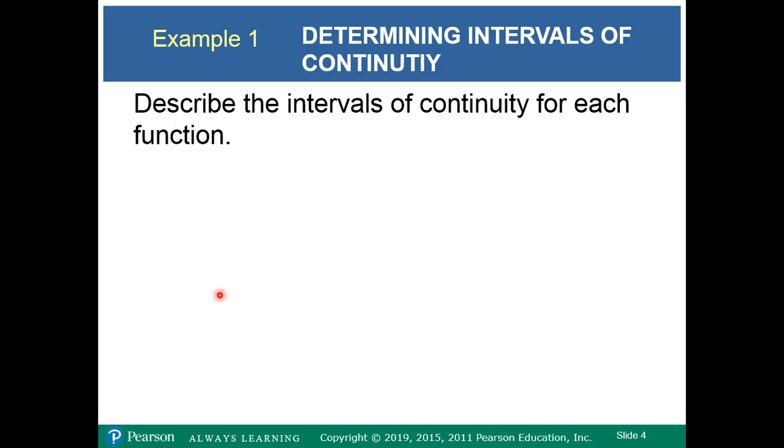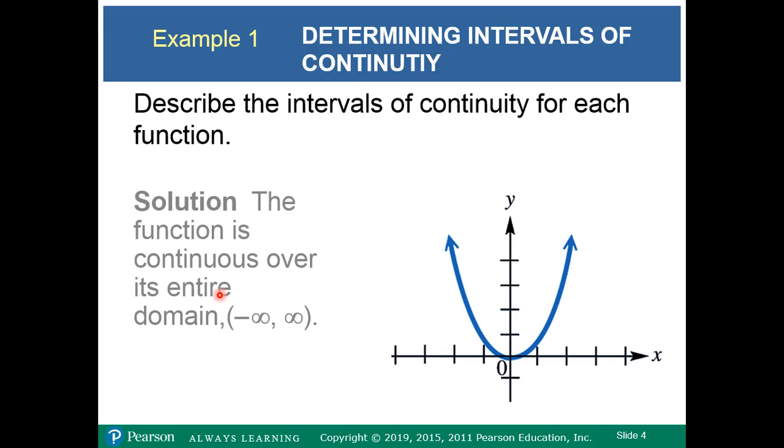So we're going to describe the intervals of continuity for each function. That means over what intervals is the given equation or function continuous. So for this example here, if we look at the interval on the x-axis, we're talking about the domain, right?